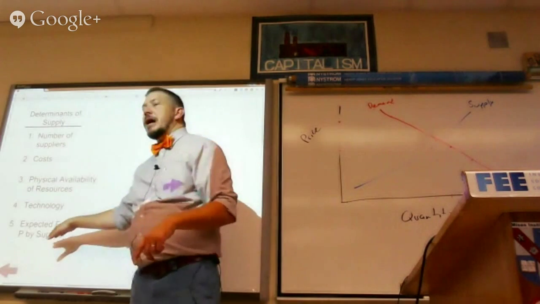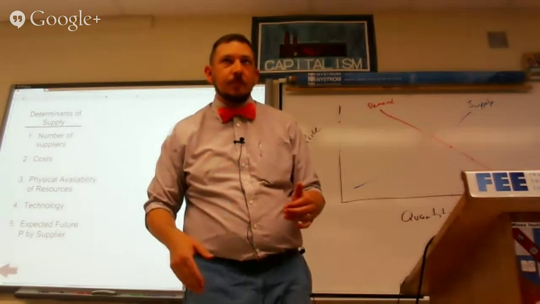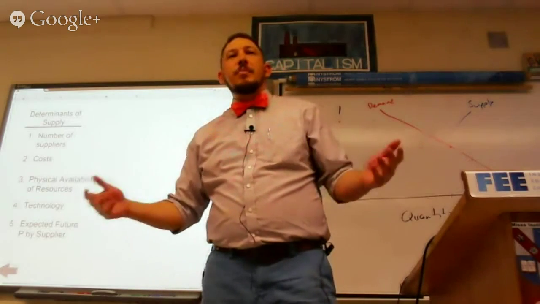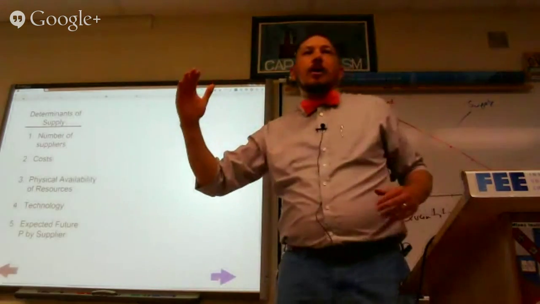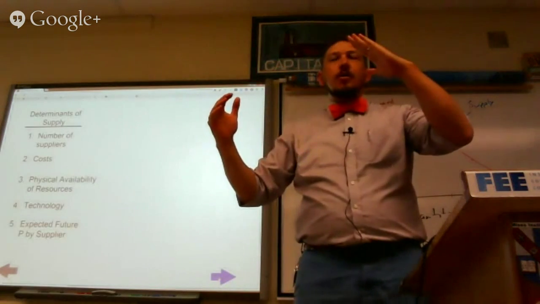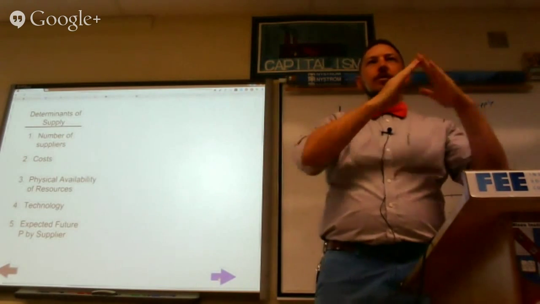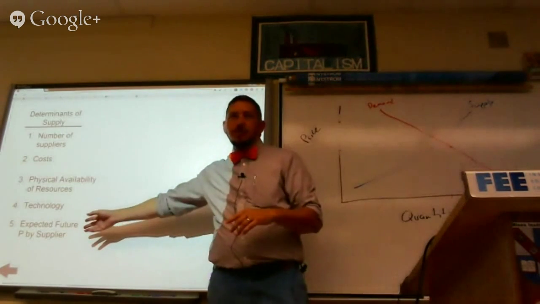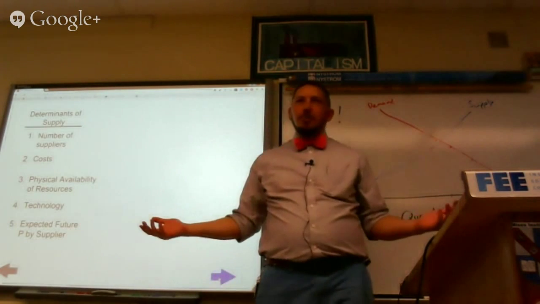If you expect the price is going to go up in the future, you're going to produce more of it today. What ends up happening is as demanders are demanding more, but as suppliers are producing more, what happens to the actual future cost? It stays relatively stable.